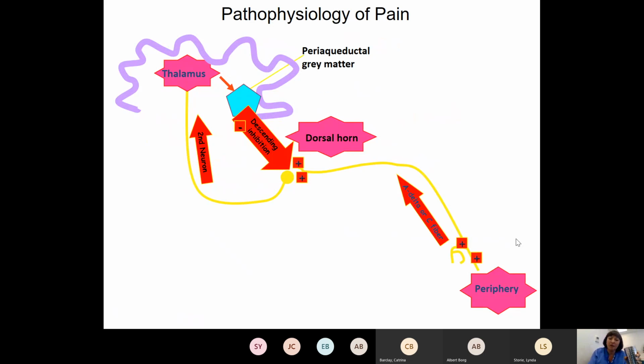So we've already talked about this. Where we feel a noxious stimulus goes up through this synapse to the dorsal horn, where it activates the postsynaptic membrane, and then the second afferent nerve to go to the thalamus, and then we've got descending inhibition.